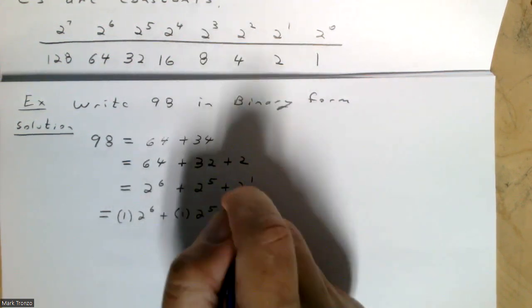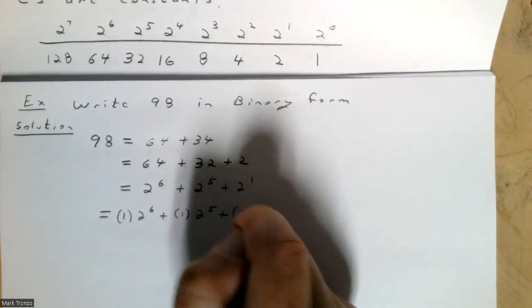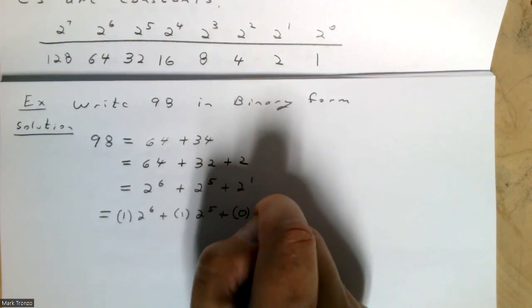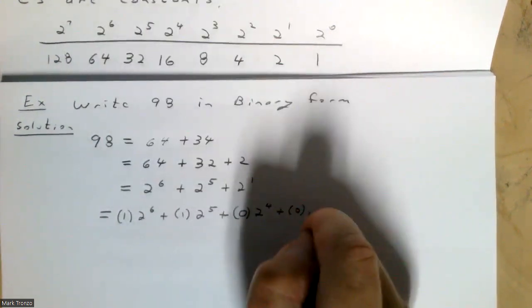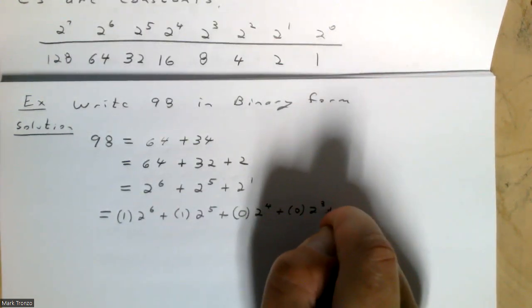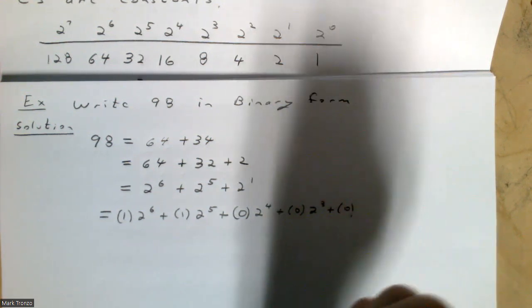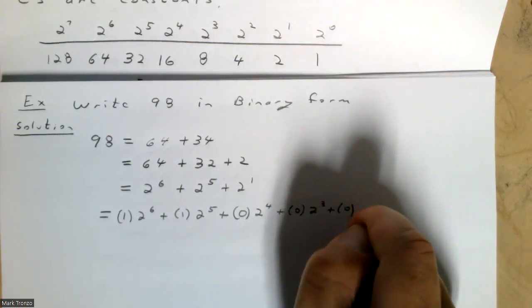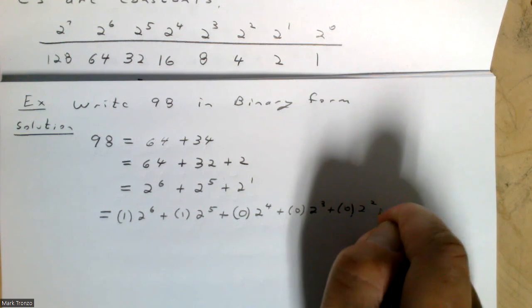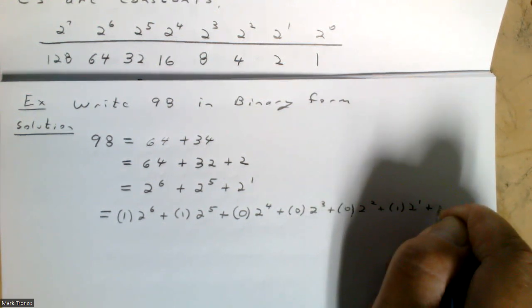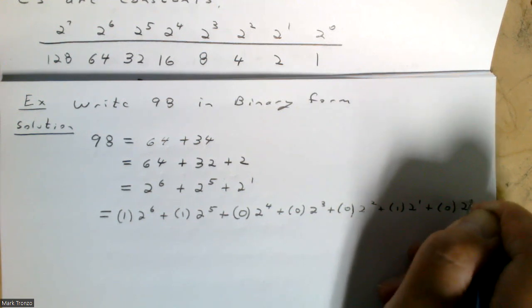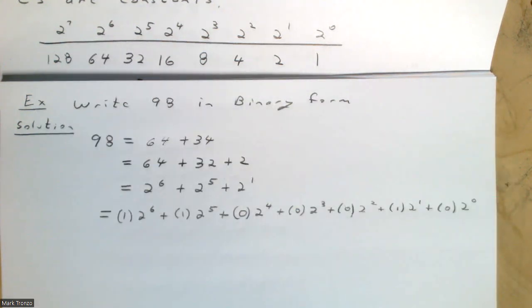And include all the powers of 2 that weren't in here and put zeros in front of them. So 2 squared, 2 to the first, 0, 2 to the 0 like this.